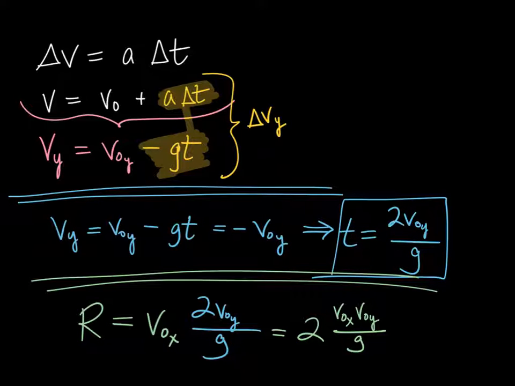So I'm going to give myself some extra space here to wrap this up. Now I have the advantage of a range equation that is specified in terms of its parts of motion. All right, so range, the last thing I wrote, I think, was 2 times x speed times y speed over g.